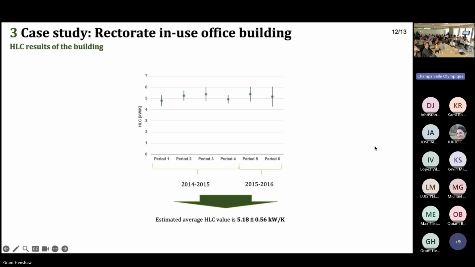And you see that the HTC, even though in this building we know that the infiltration heat loss coefficient was not constant because it depended on the wind velocity, even with this variability due to that term, the heat loss coefficient calculated in independent periods was very similar between them.